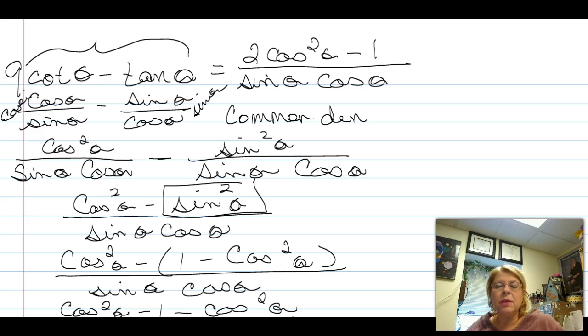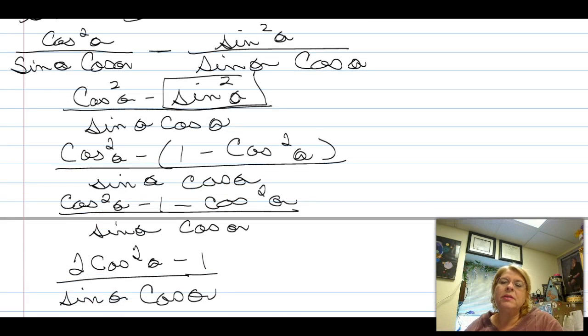Giving me cosine squared theta minus sine squared theta over sine theta cosine theta. Now I'm going to substitute out the sine squared theta for 1 minus cosine squared theta, which gives me cosine squared theta minus the quantity 1 minus cosine squared theta. Okay.